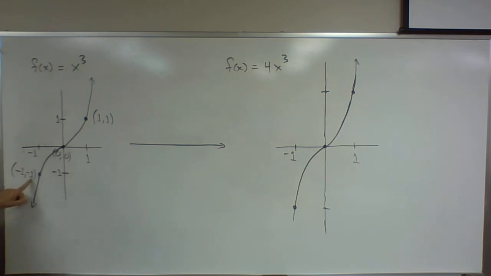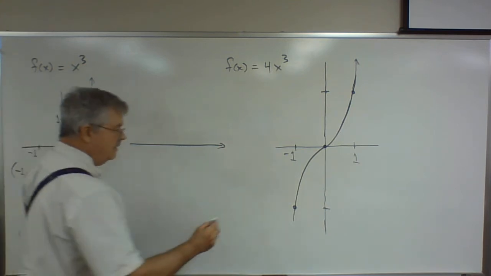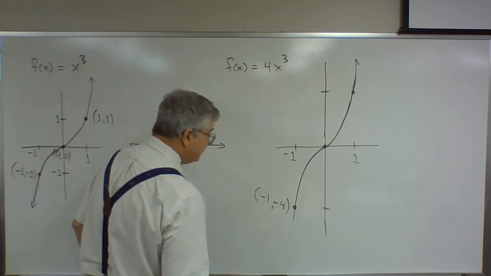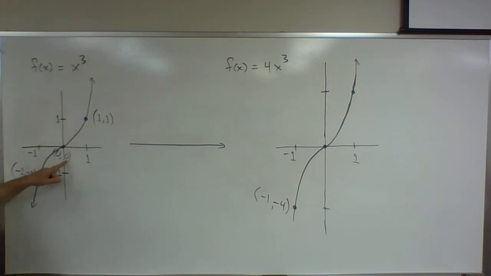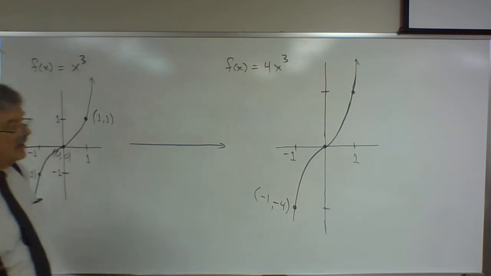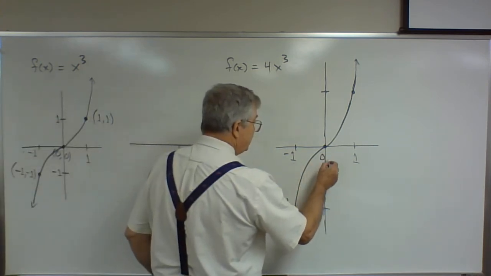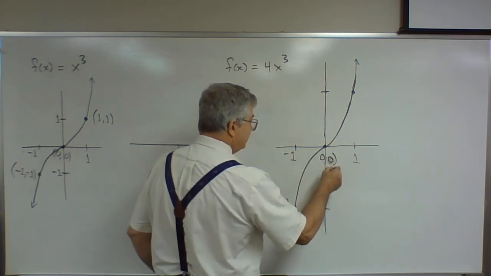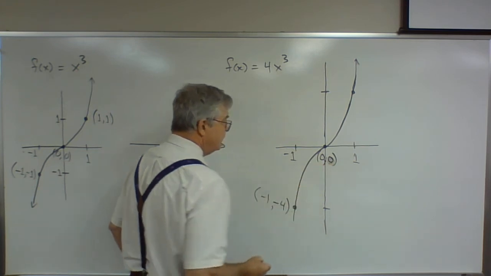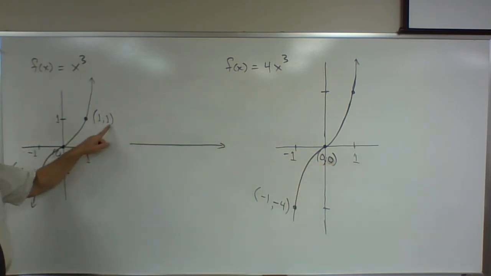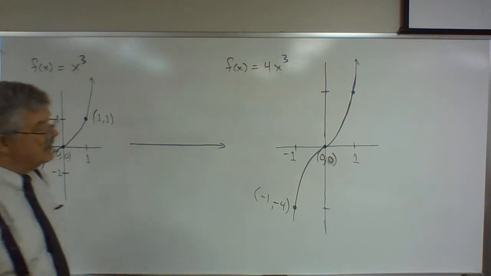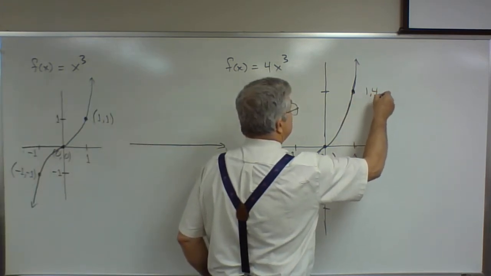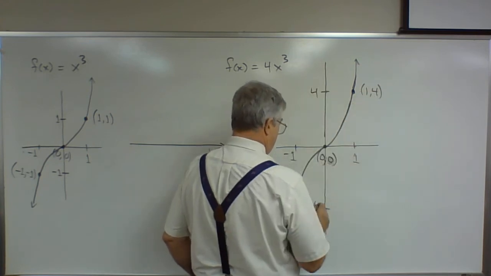The y-coordinate here is -1, so the y-coordinate here is -4. The y-coordinate here is 0, so the y-coordinate here is going to be 4 times 0, which is 0. The y-coordinate here is 1. So the y-coordinate here is going to be 4 times 1, or 4.